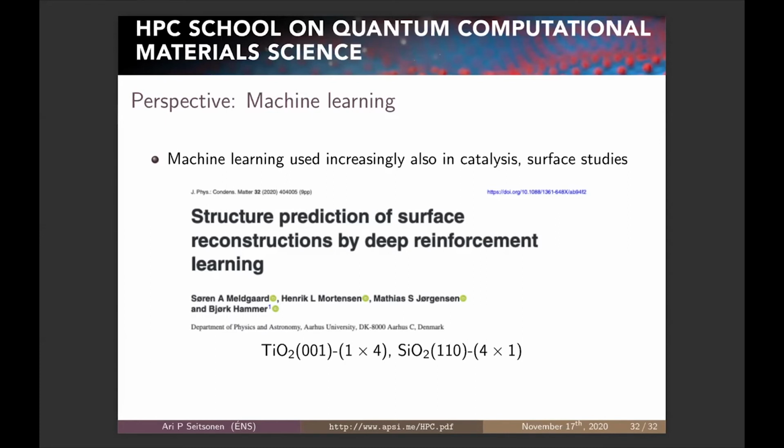So Ari, do you want to talk a little bit more about how you use machine learning in such? Well, I mentioned I'm not using that myself, but what I have followed in the field is that indeed, when we do the calculations, often we have to relax the system. So we get information on how the atoms or the molecules, whatever you adsorb, interact.